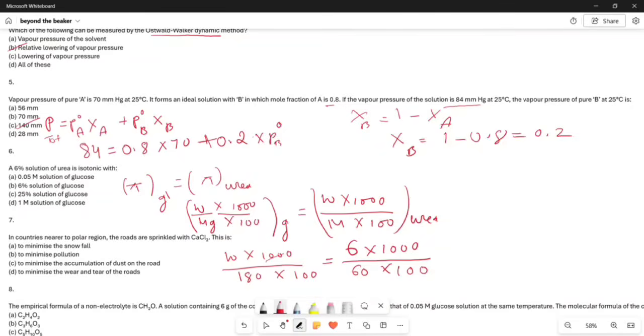Everything cancels, the 100s get cancelled. So W is equal to 18 grams.